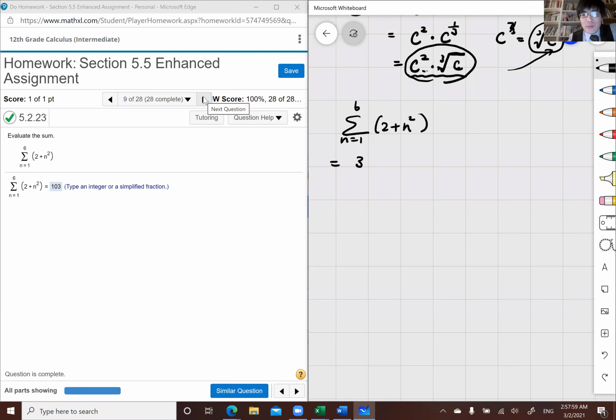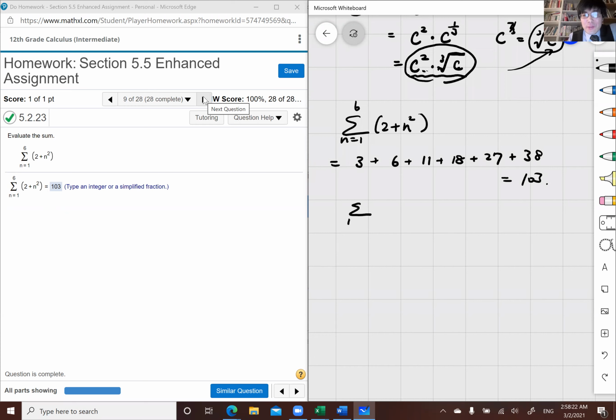When n is equal to 2, that's 6. When n is 3, it's 11. n is 4, it's 18. And n is 5, it's 27. n is 6, it's 38. And you can just take the sum this way, which is 20, 38, 76, 103.